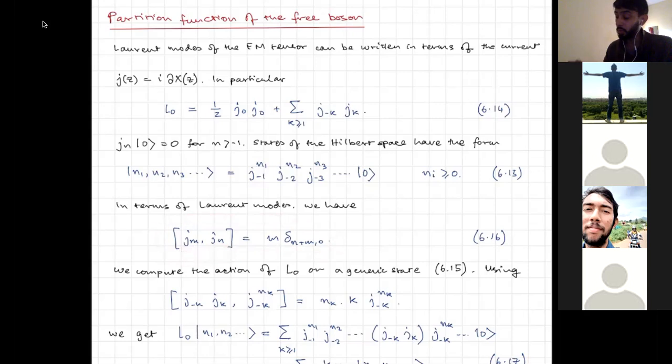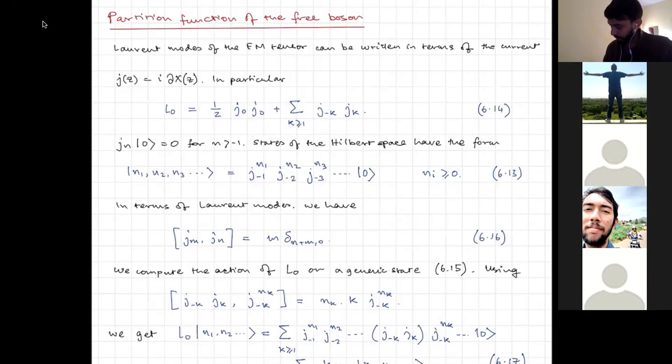So you can get to the harmonic oscillator algebra a_m by defining a_m as J_m by root m. But okay, we're not interested in that at the moment.